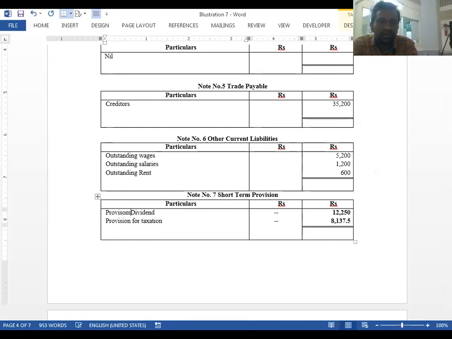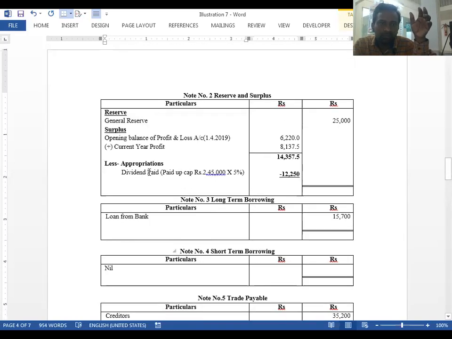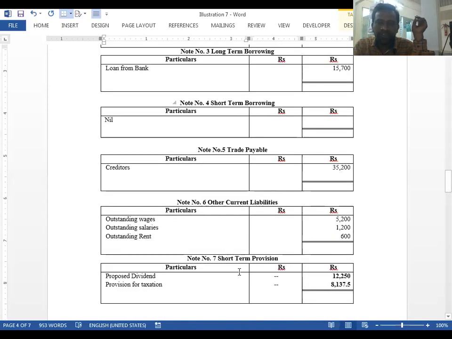Provision for taxation. It is not paid still, that's why it is provision. Sorry, proposed dividend, not provision. Write it as proposed dividend here also. Okay, now it is right. So this is the second effect, proposed dividend.